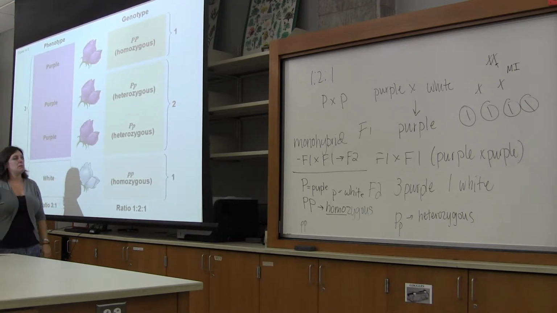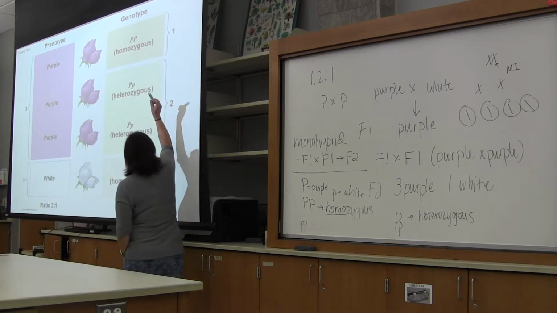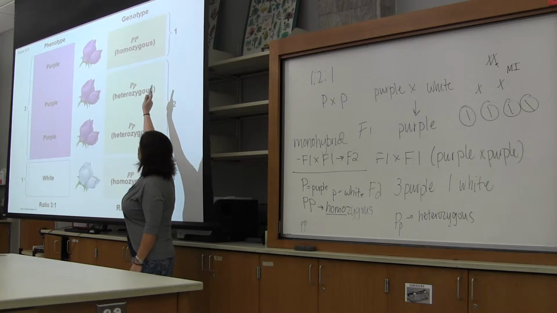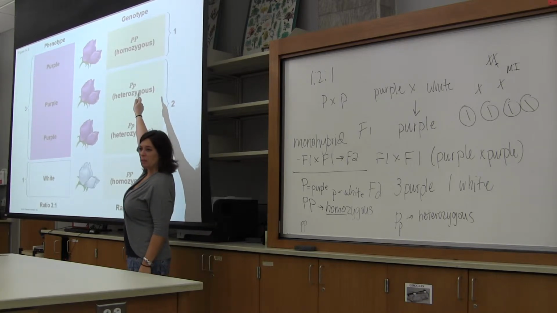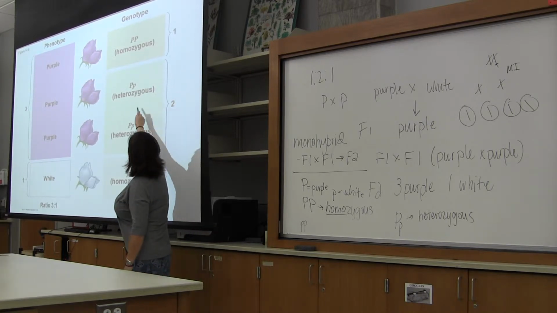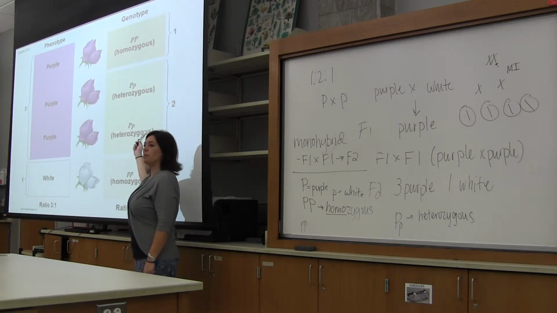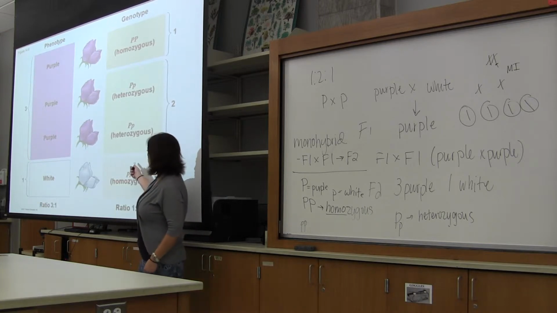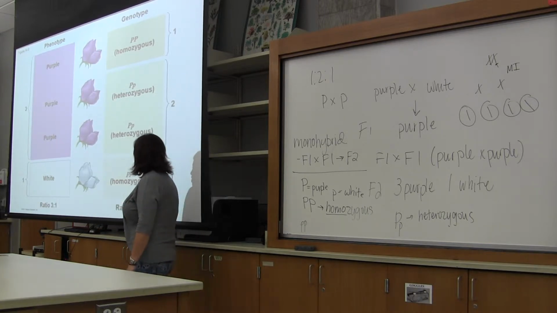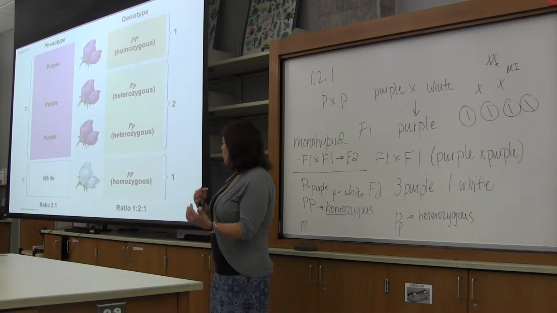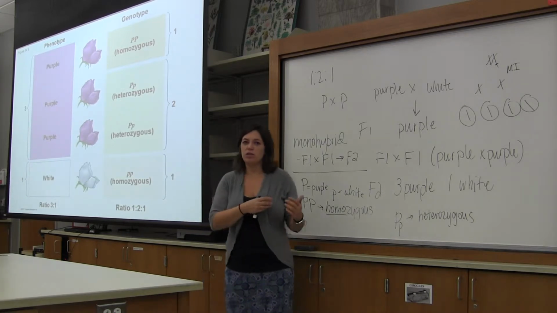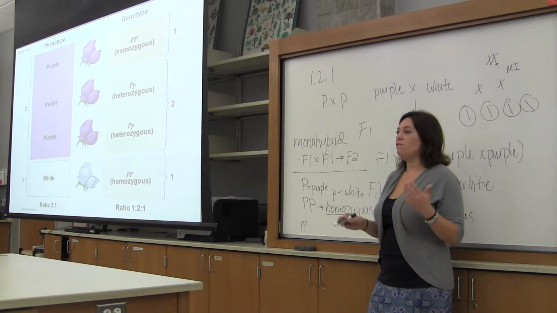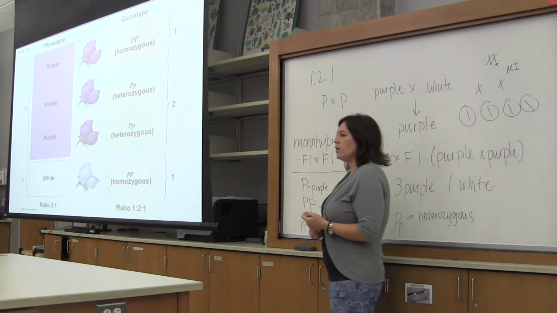And then when you compare the genotypes, you can see this 1-to-2-to-1 ratio: 25% homozygous dominant, or big P, big P, 50% heterozygous, or big P, little p, and 25% little p, little p, or the white flower. So again, just because the genotypes are different doesn't necessarily mean that the phenotypes are going to be different from one another.